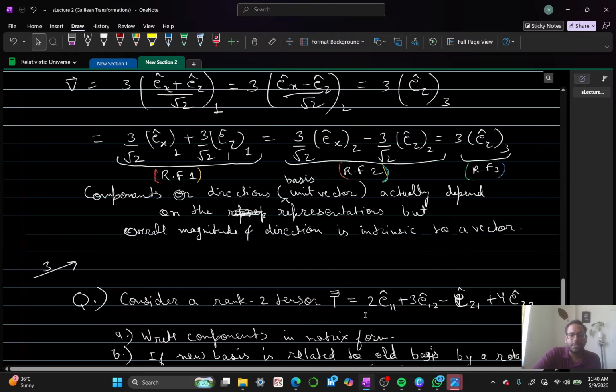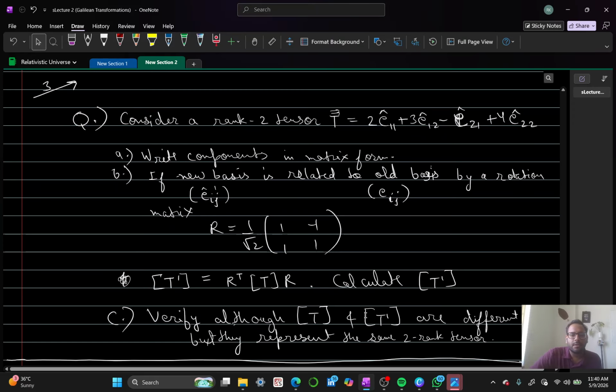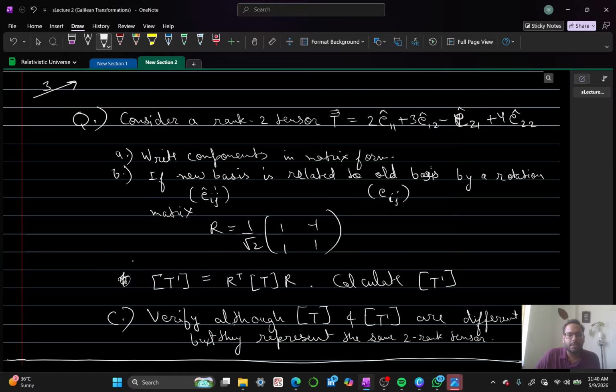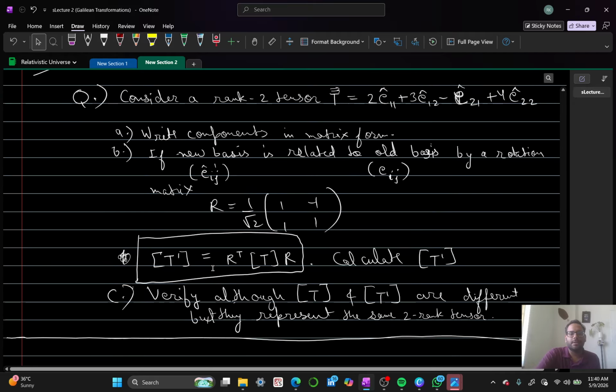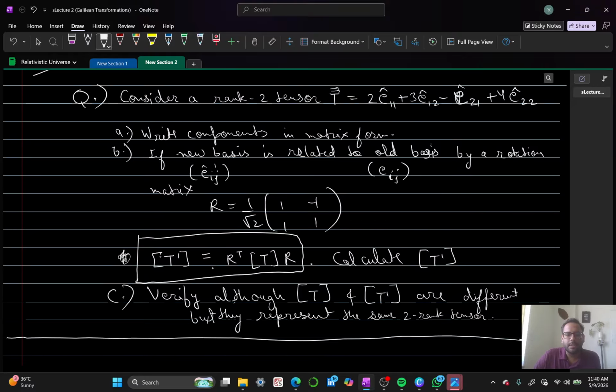You just have to check. I have given you the relation. This is my transformation relation, and we will see the Galilean transformations now. And you just have to calculate this transformed matrix of the tensor, second rank tensor.